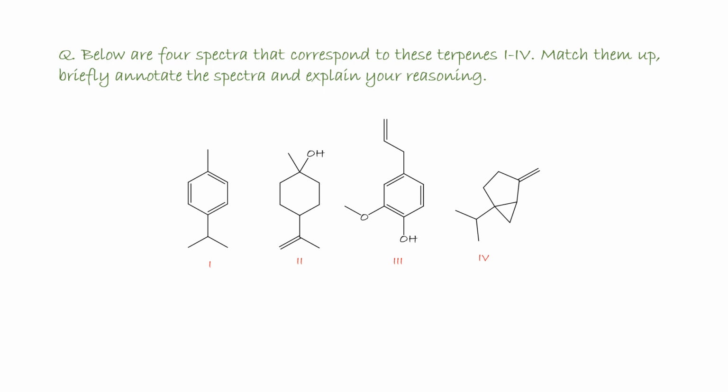Below are 4 spectra that correspond to these terpenes from 1 to 4. Match them up briefly, annotate the spectra, and explain your reasoning. Here we have aromatic and alkyl group.